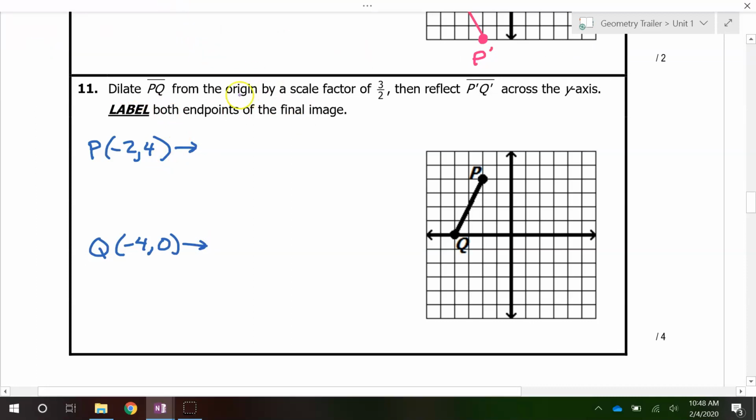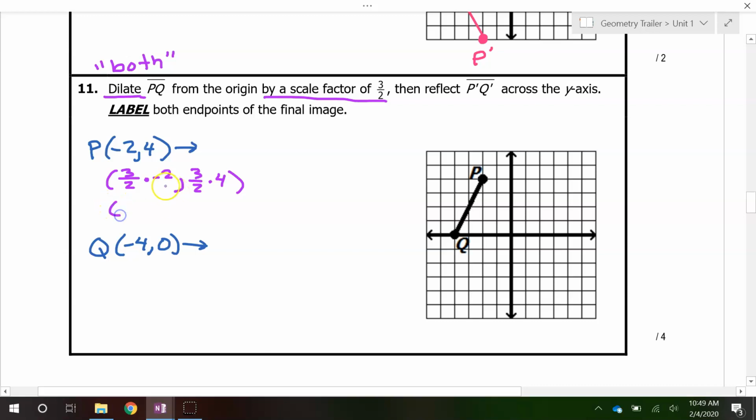The first thing I'm going to do is dilate by a scale factor of 3/2. Whenever it says dilate, you're going to multiply both numbers, the x and the y. So I'm going to have to do 3/2 times -2, and 3/2 times 4. I'm going to have to multiply both of these.